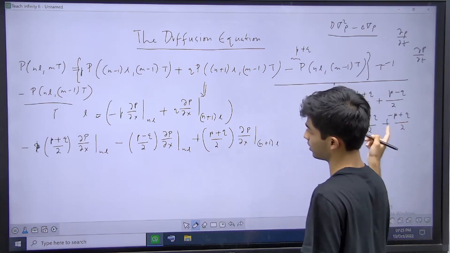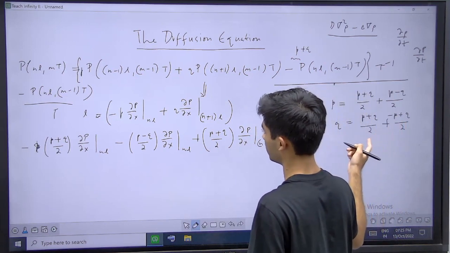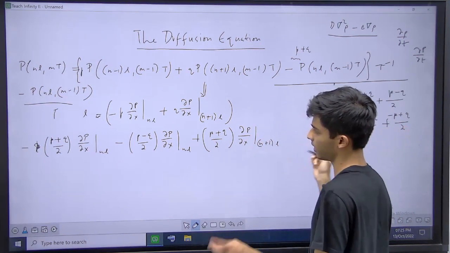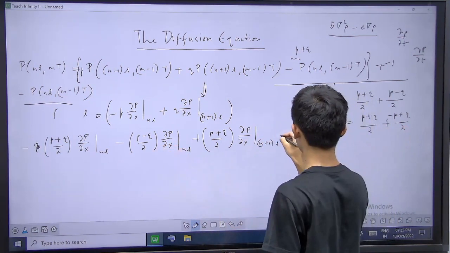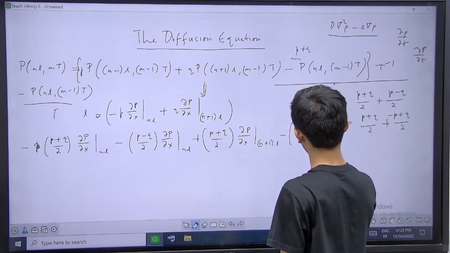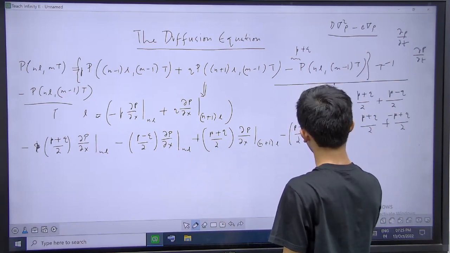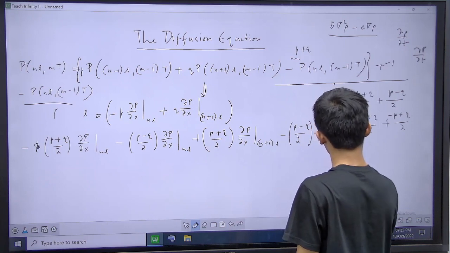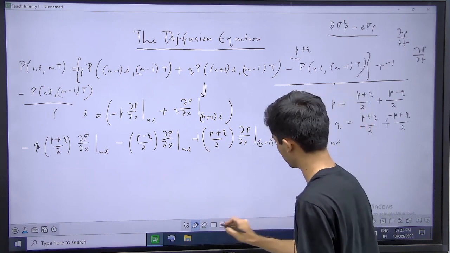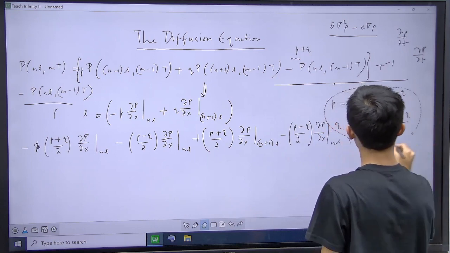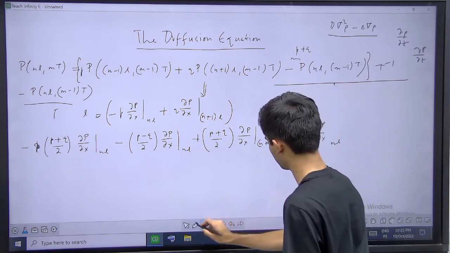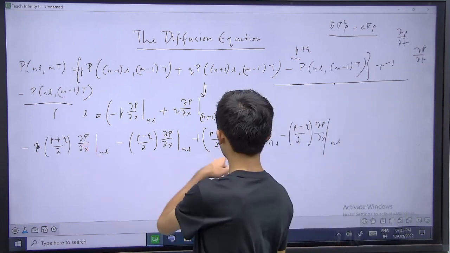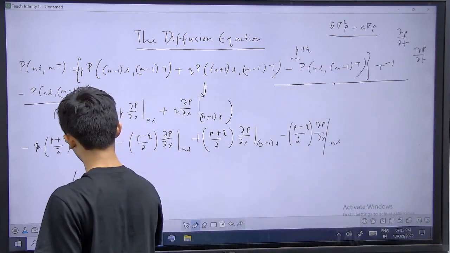And I have a (Q minus P)/2, right? Q minus P I will write as minus of (P minus Q), so it will become minus of (P minus Q)/2 del P by del S at n. I'll take this part out. And these P plus Q's now can be added together.